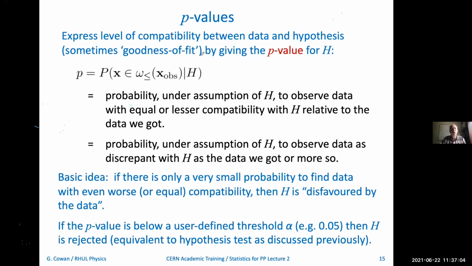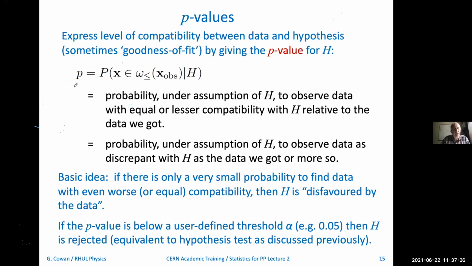then you can give what is called the p-value of the hypothesis. And this is a single number that expresses the level of compatibility between the data that you observed and the hypothesis. Sometimes that corresponds to what we call goodness of fit. In other cases, maybe that label is less appropriate and we'll just call it the p-value.